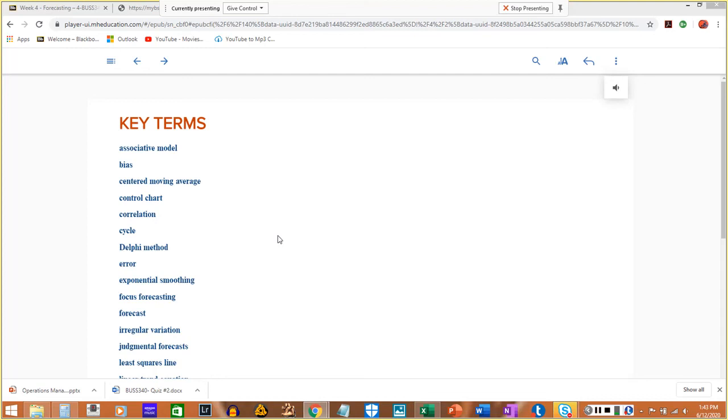Alright, terms for the quiz. First one is going to be control chart. Exponential smoothing.